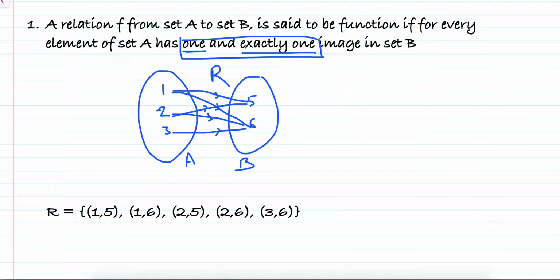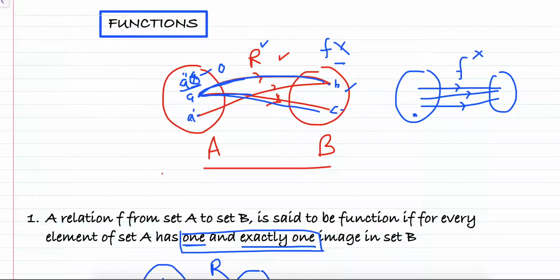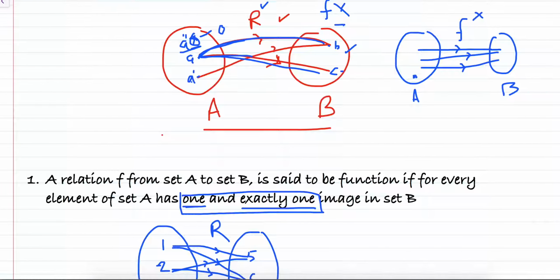So the domain of F. Here I said that every element of this A should have one image and exactly one image in B. So every element of A will have some image, so no element will be left out.